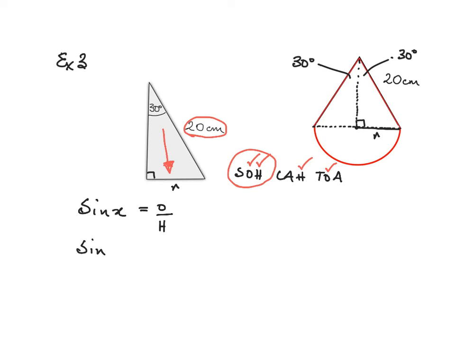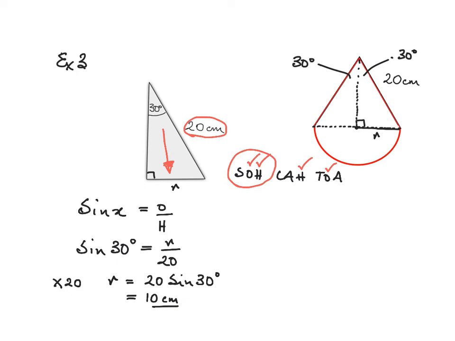And the sine of 30 degrees equals R over 20. Now, multiply both sides by 20 because I want to get R on its own, and at the moment it's being divided by 20, so R equals 20 sine 30 degrees. And if you use your calculator to do that calculation, you'll find that R then is 10 centimetres.